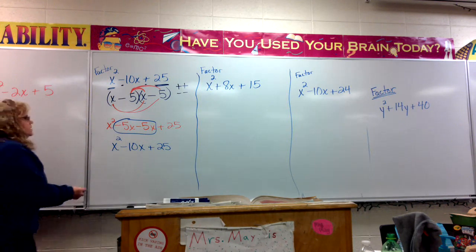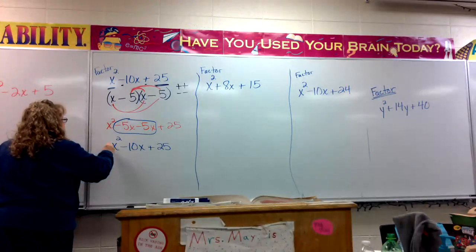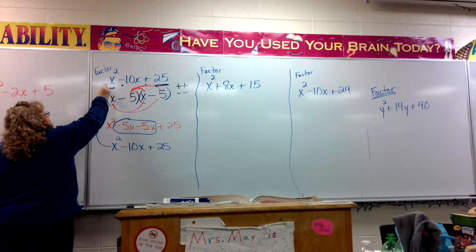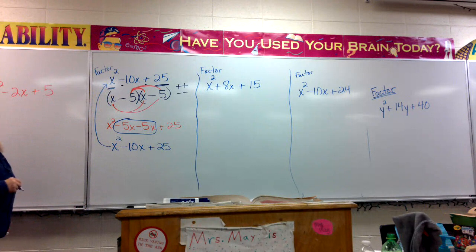And what you want to do is make sure that what you ended up with is what you started with back there. It's like asking you, what are the factors of 12? Well, they're 2 and 6. And if you multiply those back together, you better get what you started with, right? So that's what we did last week.